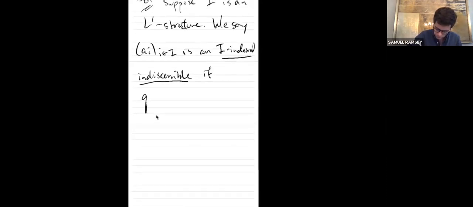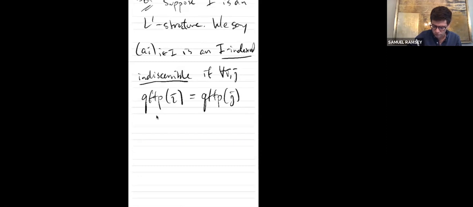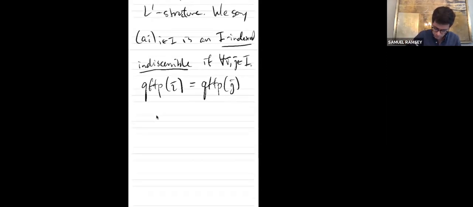whenever I take the quantifier free type of two tuples, so let me quantify these: i bar, j bar in I. These are tuples, not necessarily elements, which is why I wrote the bar. This implies that the type of the things that they index, A_i bar and A_j bar, are the same, and this is the quantifier free type in L prime.